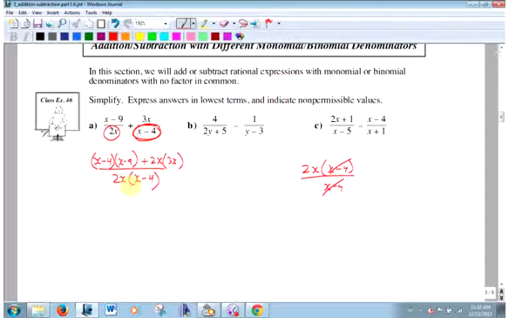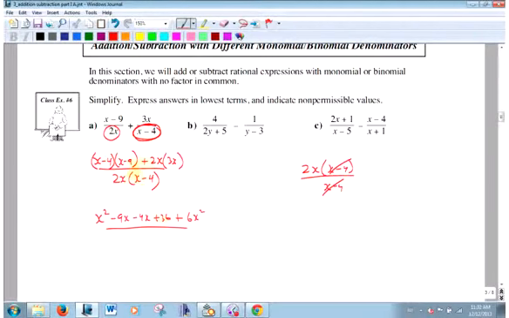Now, I got x squared minus 9x minus 4x plus 36 plus 6x squared. Do I have x squared terms I can collect together? Yeah, okay, so that's going to simplify down a bit.